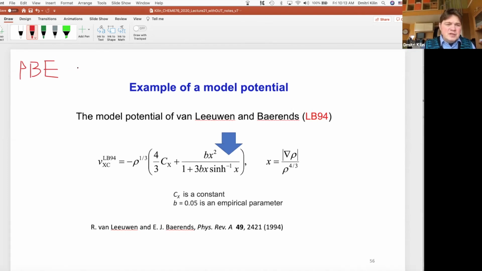But the PBE functional belongs to the so-called GGA family of functionals, which stands for generalized gradient approximation.